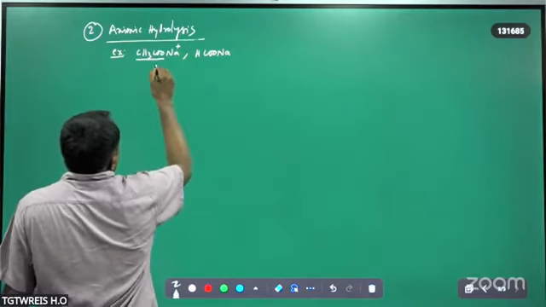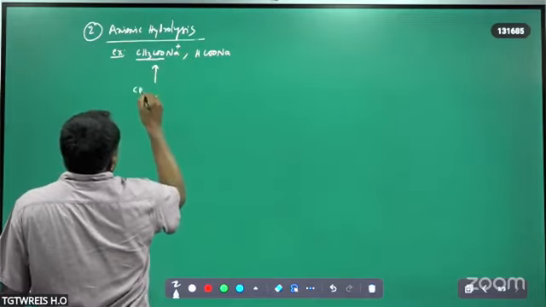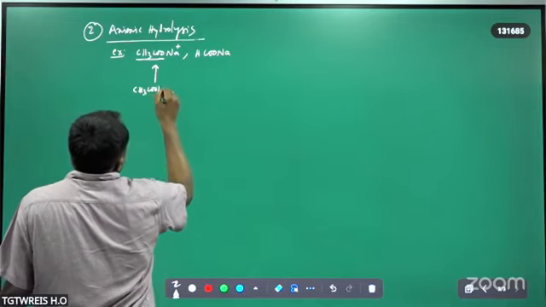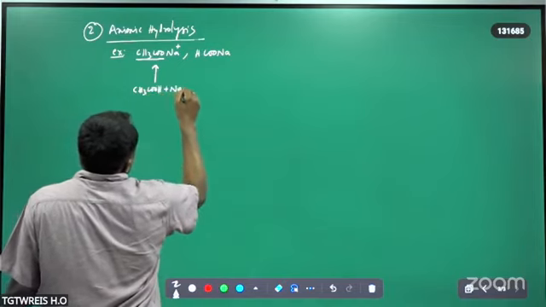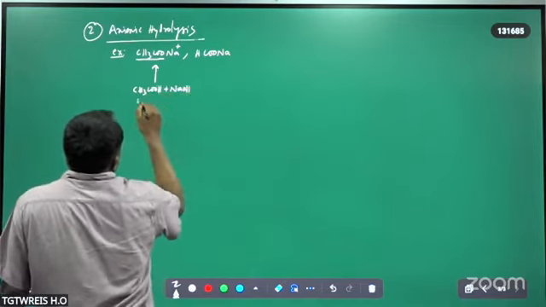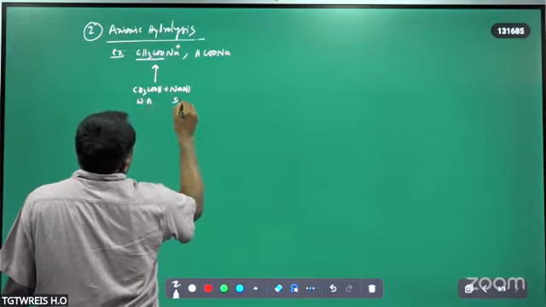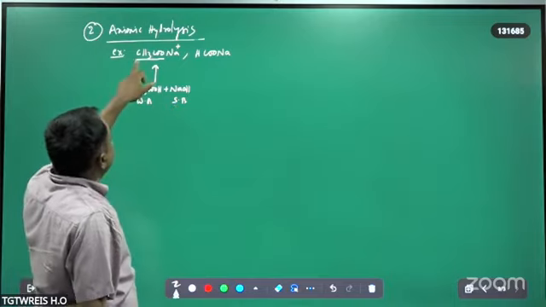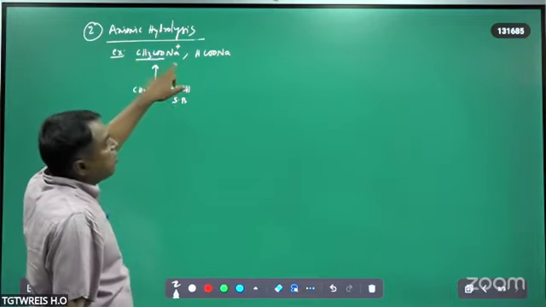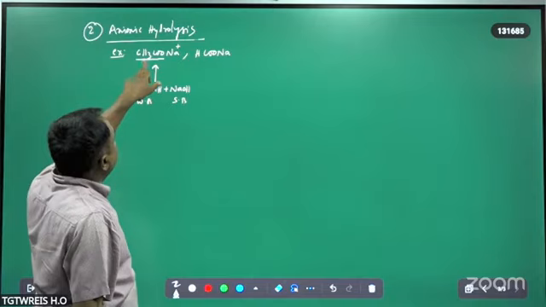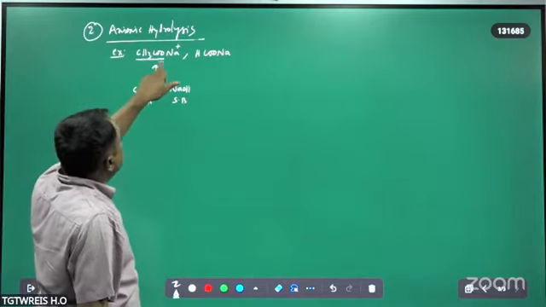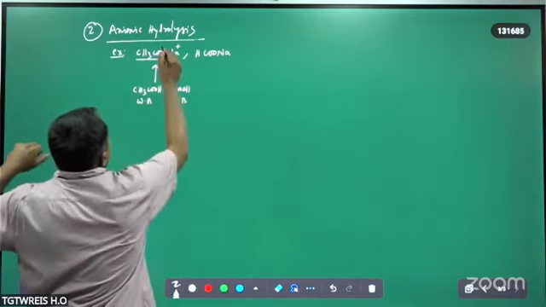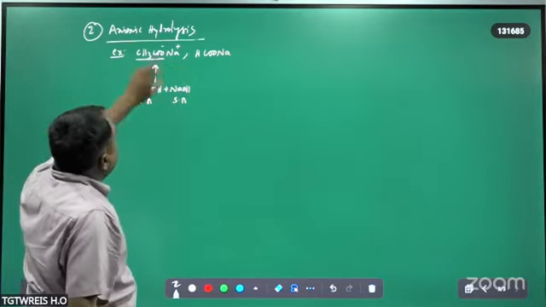These salts are formed by mixing weak acids plus strong bases. So this is the weak acid and this is the strong base. By mixing a weak acid and a strong base, you get a salt like CH3COONa. In this, only the anionic part, CH3COO minus, undergoes hydrolysis.